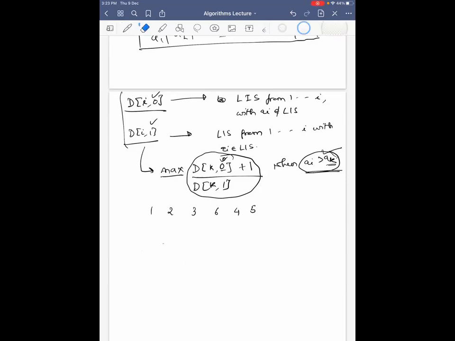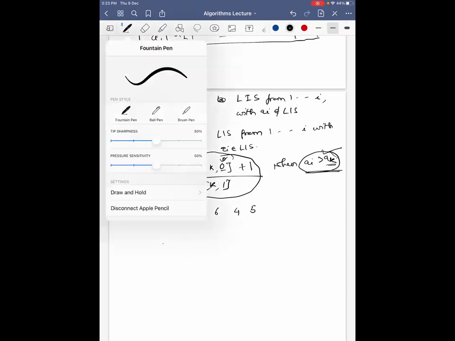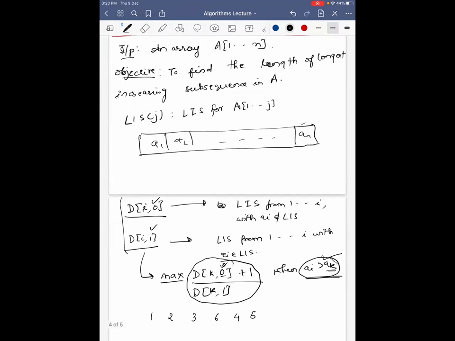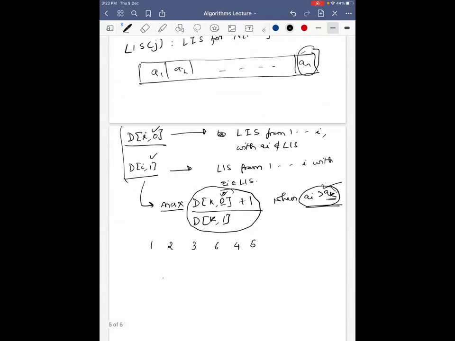Suppose I have this AN. As we said, 5 can be a part of only those subsequences which end in an element smaller than 5. For instance, it can be a part of an increasing subsequence ending in 4, in 3, 2, and 1.